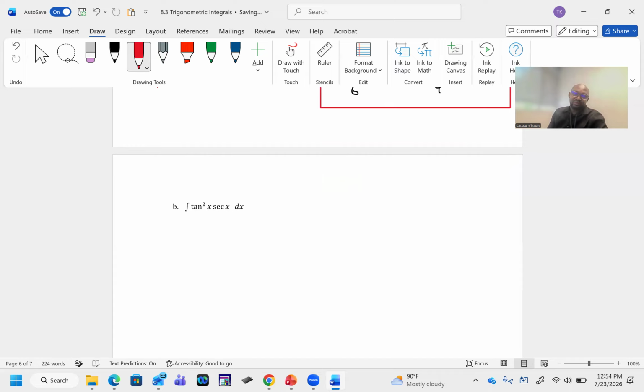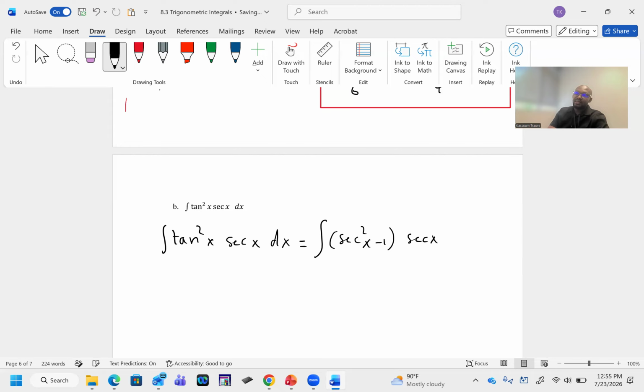In this case the power of tangent, m, is even, so I will rewrite it in terms of secant. That is the integral of secant square x minus 1 times secant x dx.